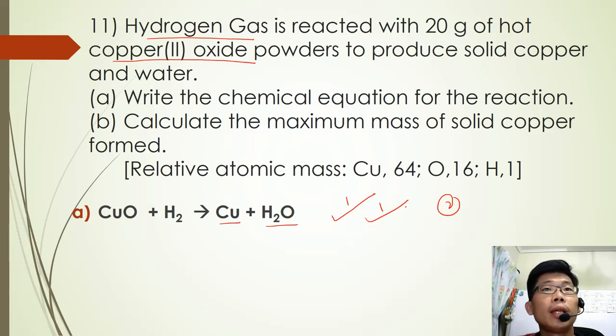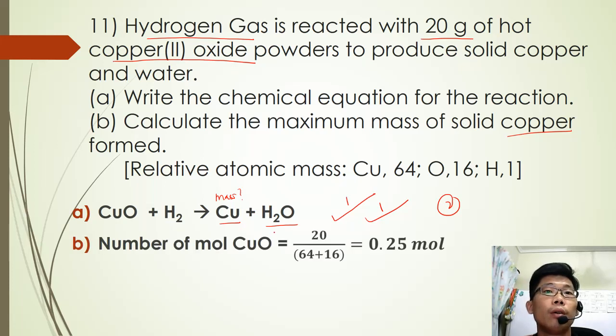Now, B, calculate the maximum mass of the solid copper formed. In other words, we need to find the mass of the copper formed. Given to you is 20 grams of copper(II) oxide, so we can find the number of moles of copper(II) oxide first: 20 grams over the molar mass of copper(II) oxide. Copper is 64, oxygen is 16.